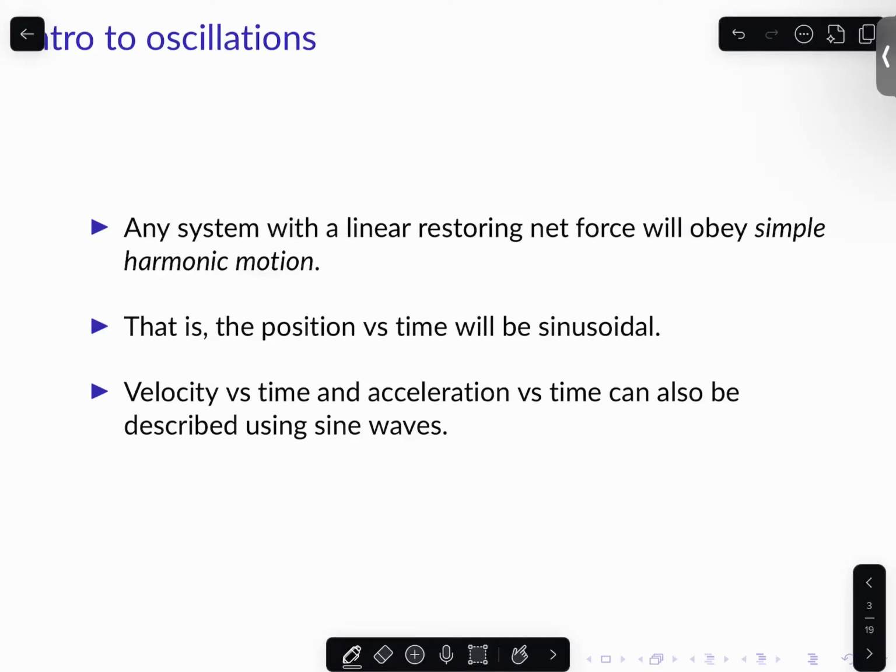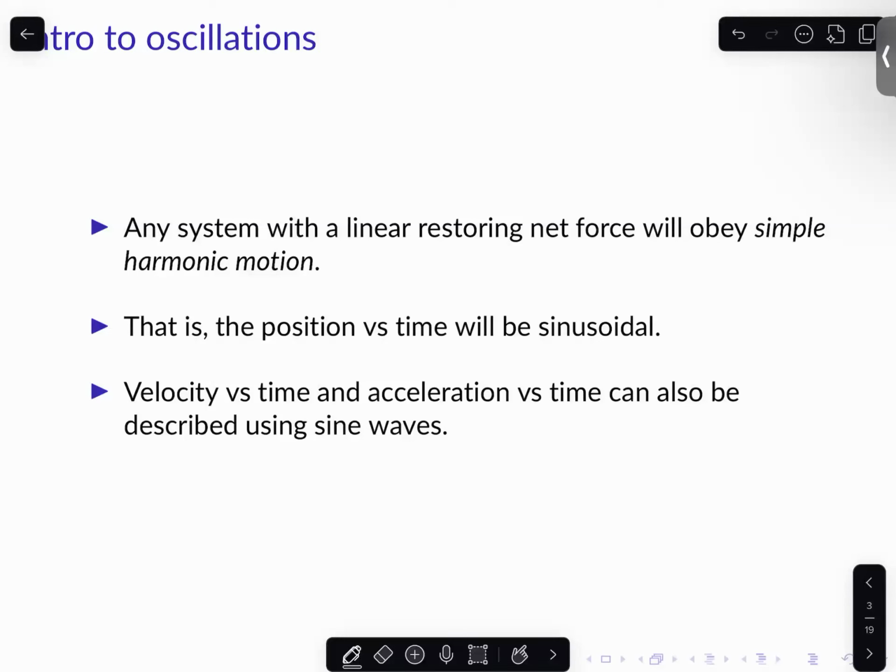When the spring is shorter, gravity tries to pull it longer again. Yes? So, linear must be a straight line in a position versus force graph. Restoring: the direction of the force must try to push you back towards equilibrium. Net force, very important. Just because you have a spring does not mean that your F equals ma is kx.